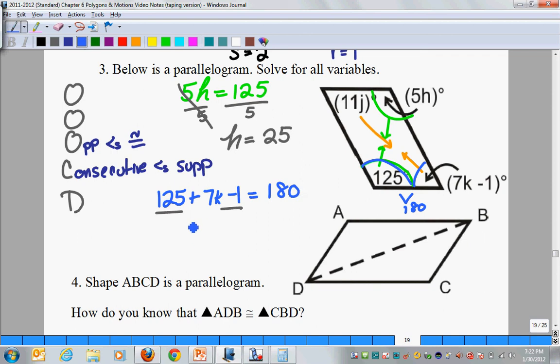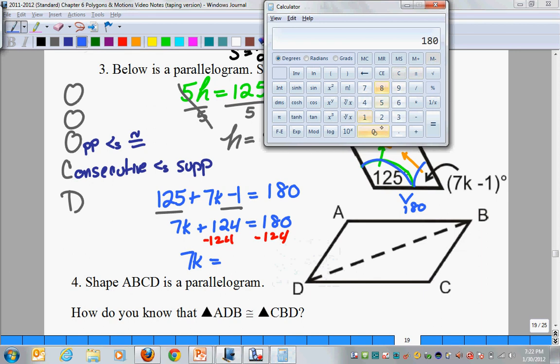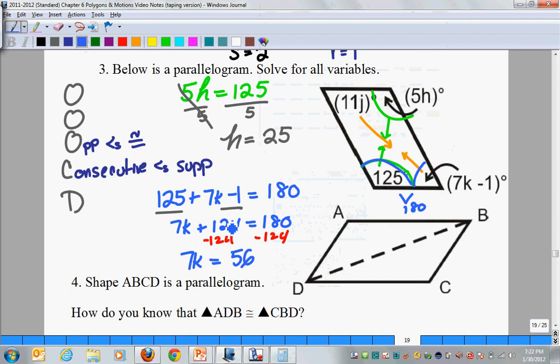And we end up with 7k plus 124 equals 180. Minus 124. 7k equals 180 minus 124, 56. And of course, in this case, k equals 56 divided by 7, which is 8.